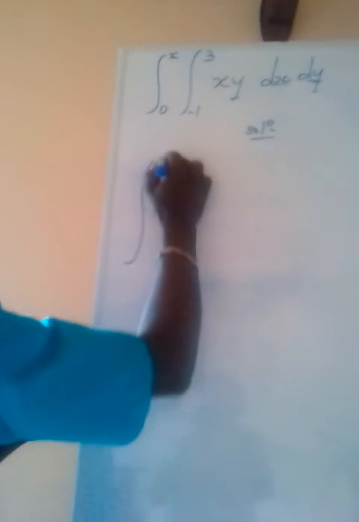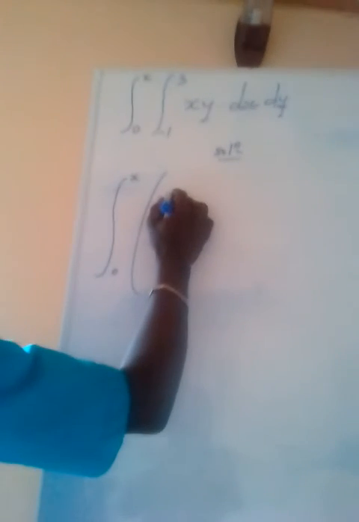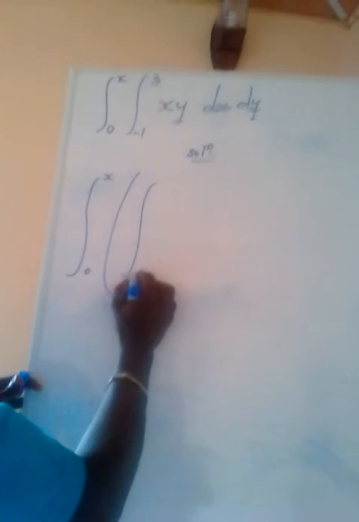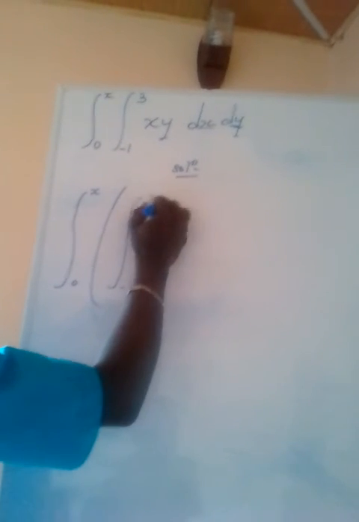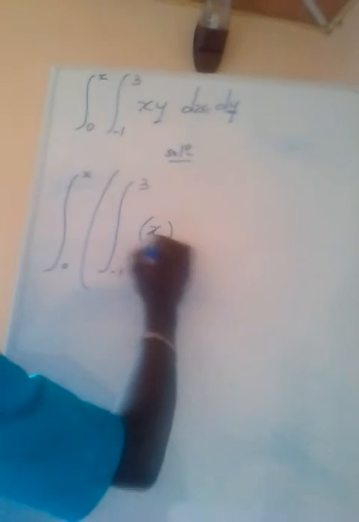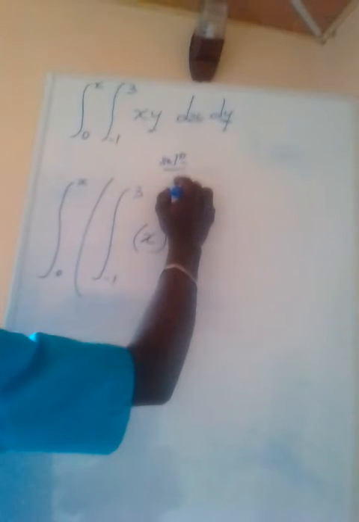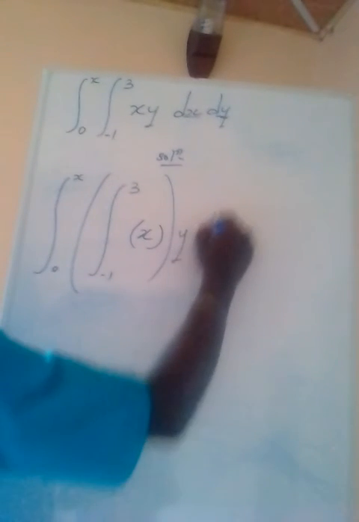So I have my outside appearing like that, x and 0, and then I have my inside like this, minus 1 and then 3.